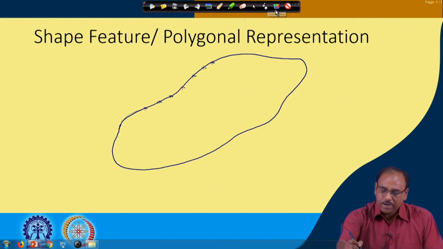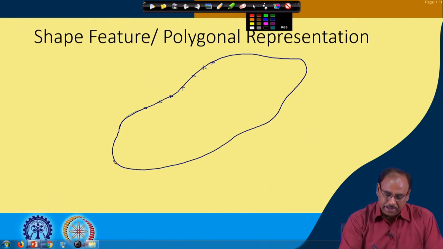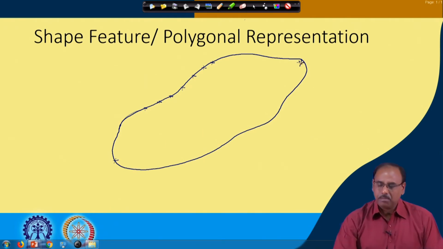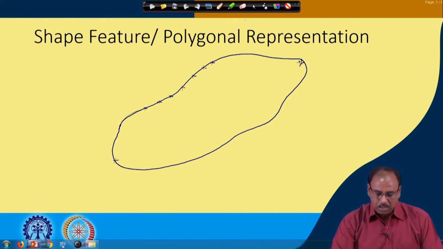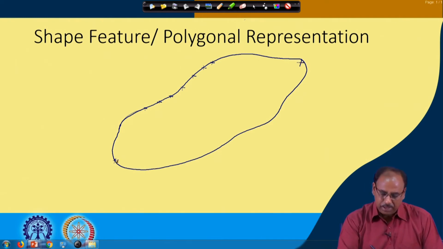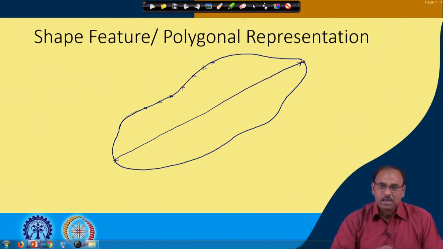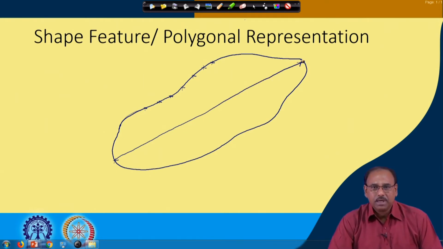The way we can do this is, suppose I take 2 points on this boundary which are at maximum distance. The first division will be that I draw a straight line passing through these points on the boundary which are at maximum distance.